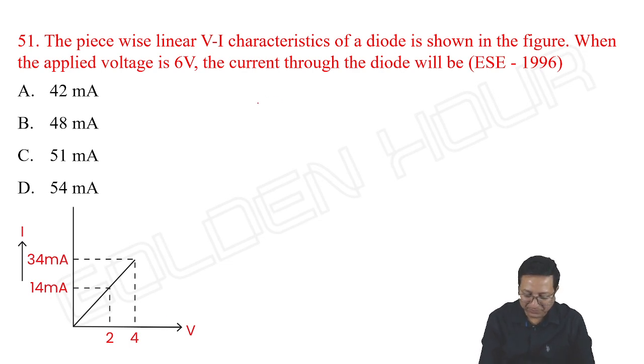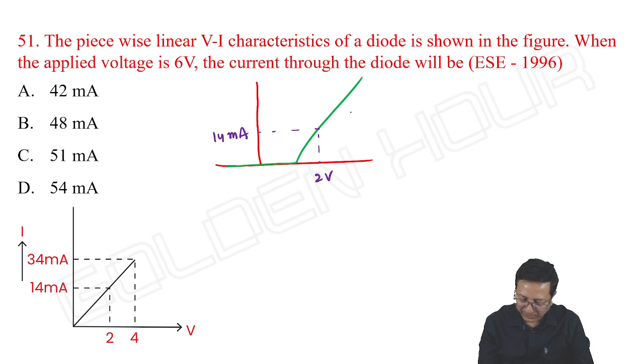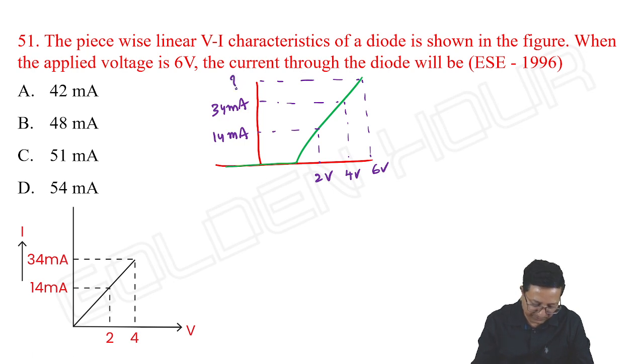Actually, what they did is, the characteristics of the diode are something like this, and they took some points, maybe somewhere here it is 2 volts corresponding to 14 milliampere, and with respect to 4 volts it is 34 milliamperes, and if it is 6 volts, what is the corresponding current? Actually this is what they are asking.